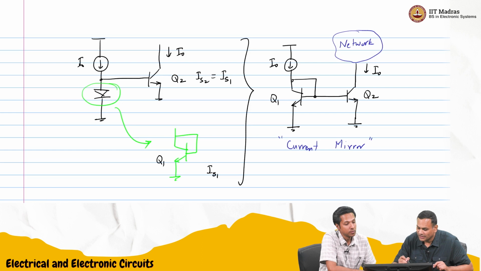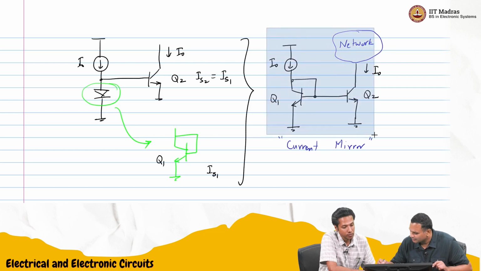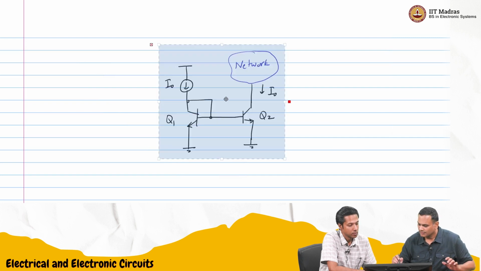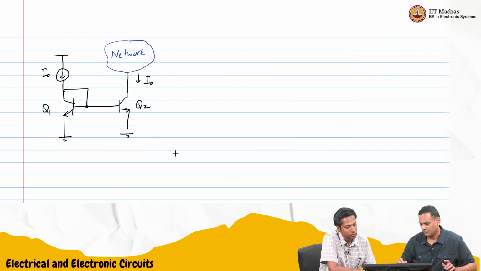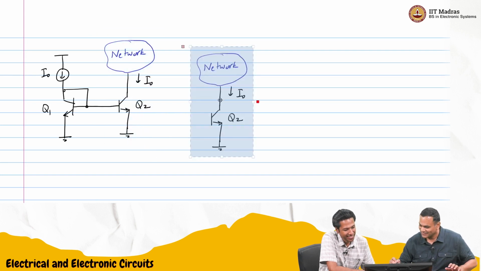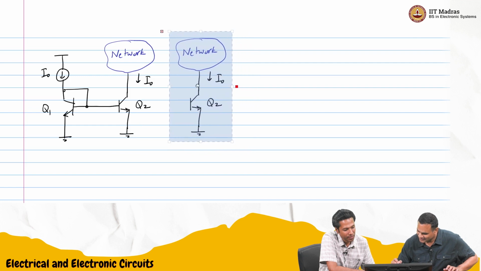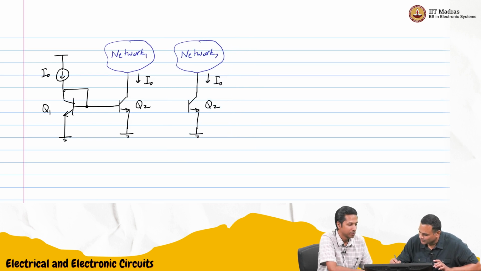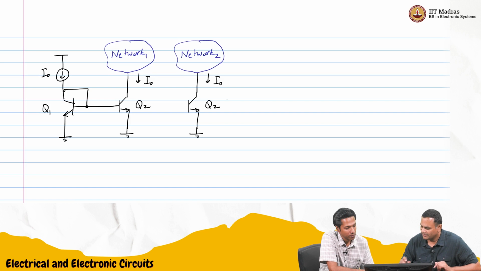And now you are pointing out that you can do it once more. So what I will do, I'm going to cheat by making another copy of this. So I'll call this Network 1, Network 2 and Q3.